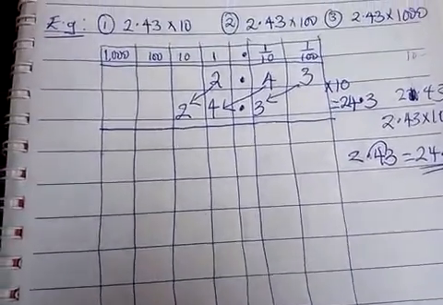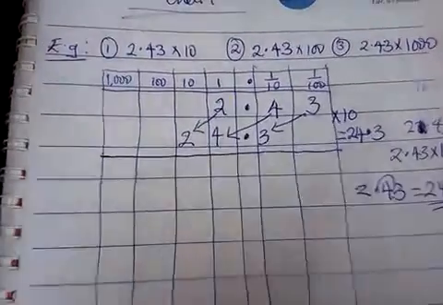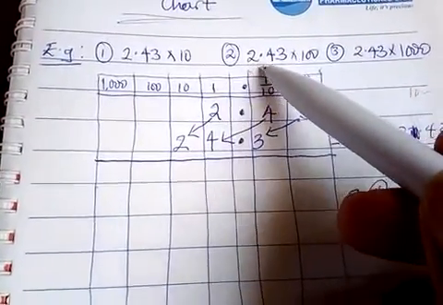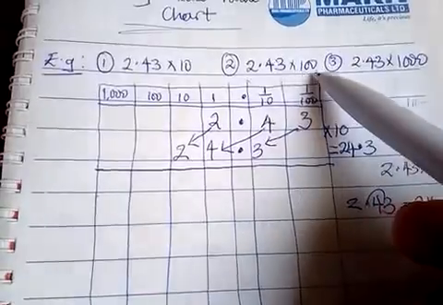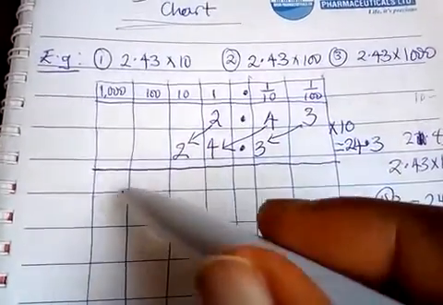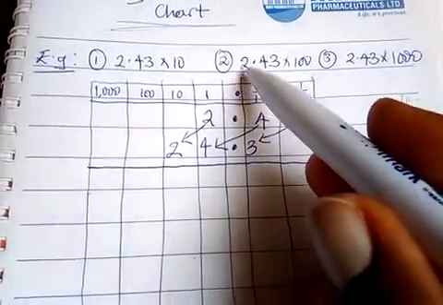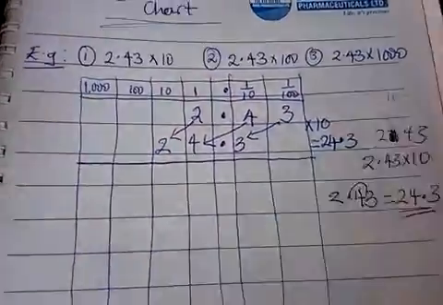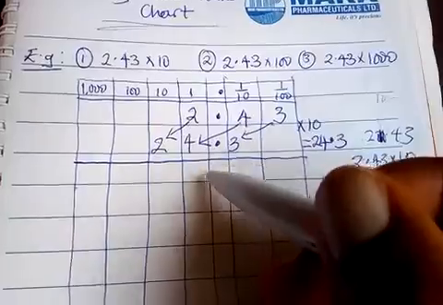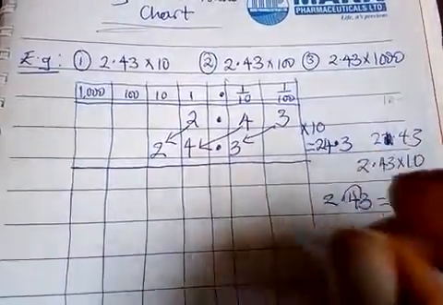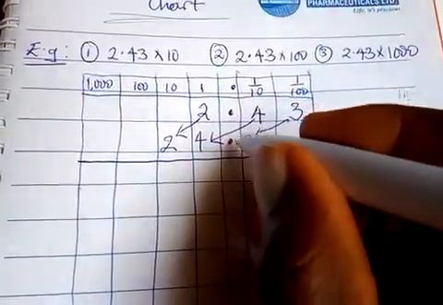Alright, welcome back to another example. We'll take example 2, 2.43 times 100. So I've drawn my horizontal line, so I'm going to place 2.43. Since it's the same 2.43, we'll place it just as we saw the other time. Remember, this is your dot.